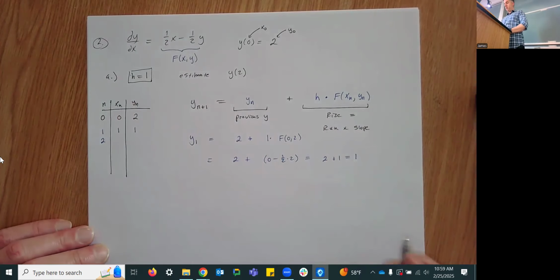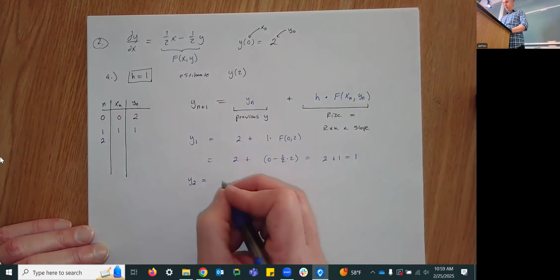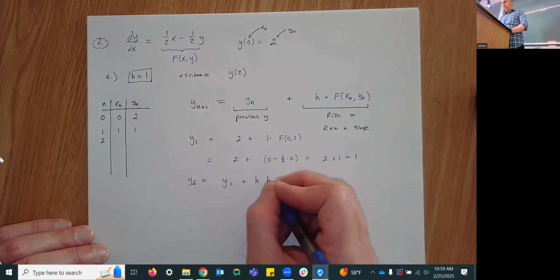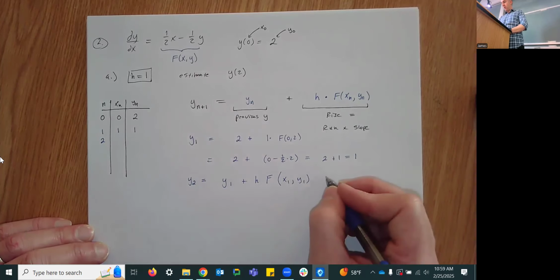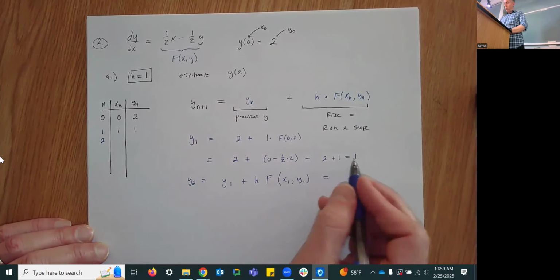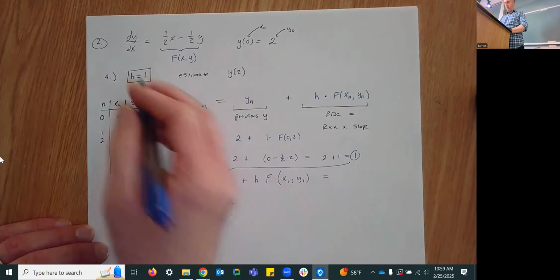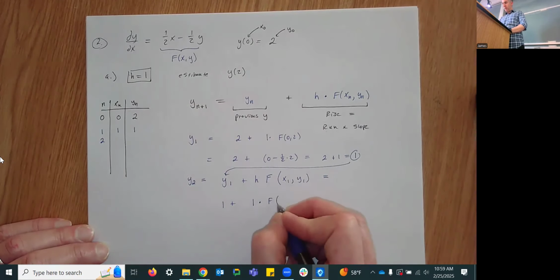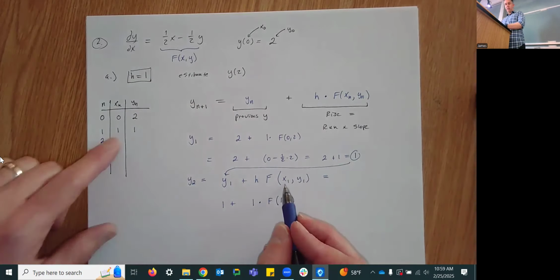Okay. To find our next y value, same deal. It's the previous y value plus our h times the derivative evaluated at the previous x value comma previous y value. The previous y value is 1. That's what's going in right there. Our h value is always 1 so far in this problem. And then F of x1, y1 is just going to be F of 1 comma 1, just plugging in previous x, previous y.